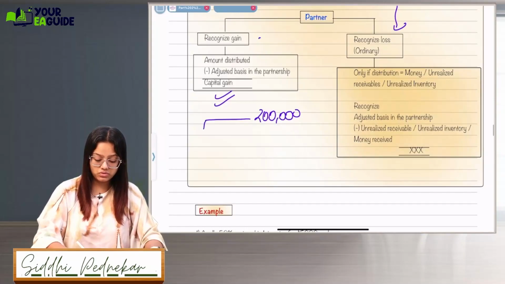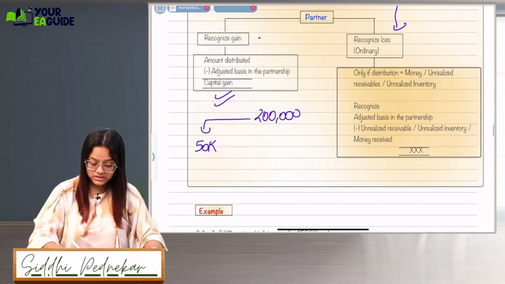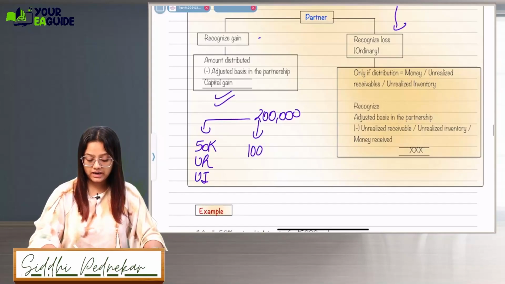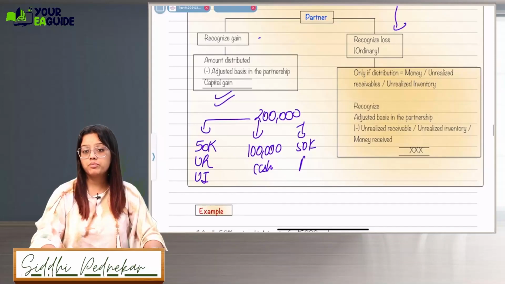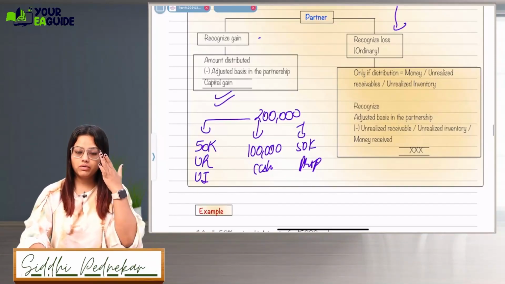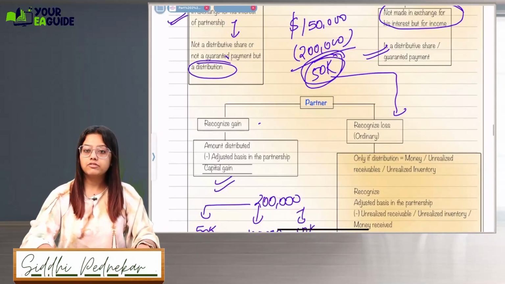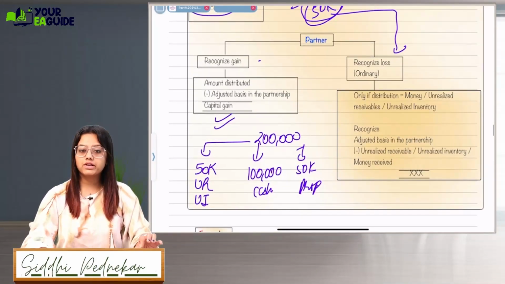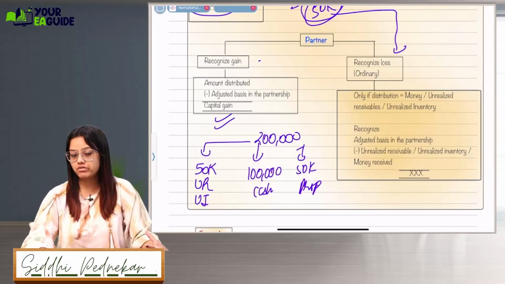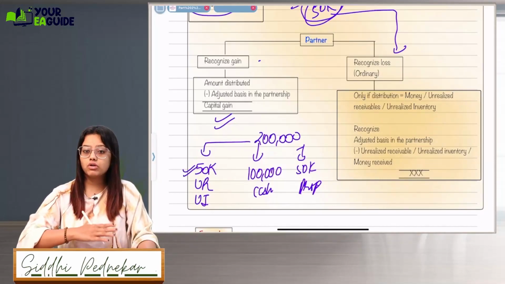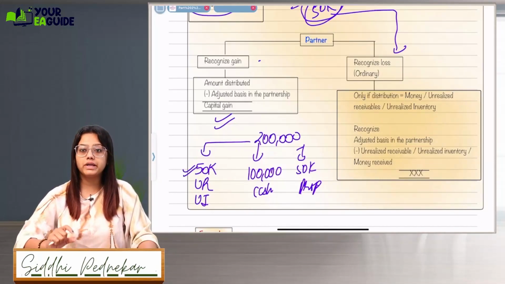Out of this 2 lakh, 50,000 is in the form of unrealized receivable and inventory, 1 lakh is in the form of cash, and 50,000 is in the form of property. Now this total gain will first be allocated to unrealized receivable and inventory. What is my unrealized receivable and inventory? It is 50,000, so the whole 50,000 will be called my ordinary income.